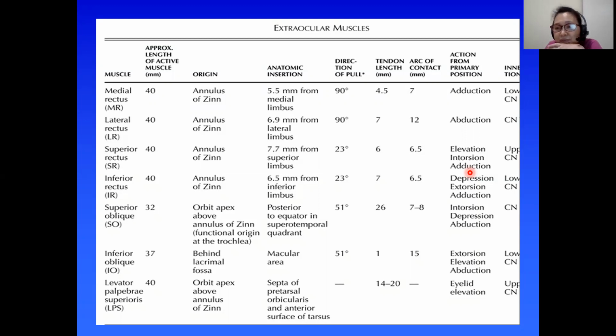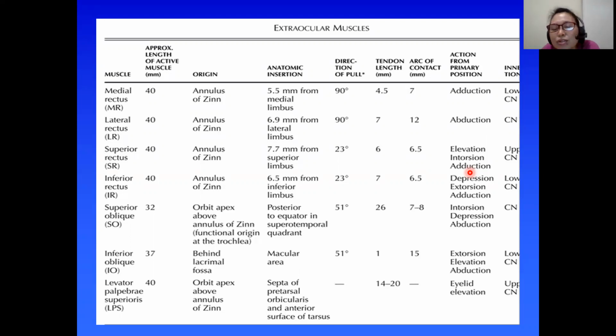Esotropia. Eso is going in, exo is going out.